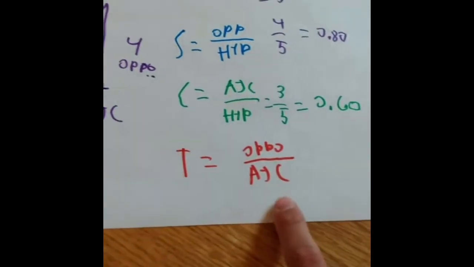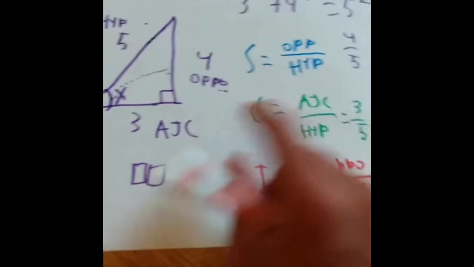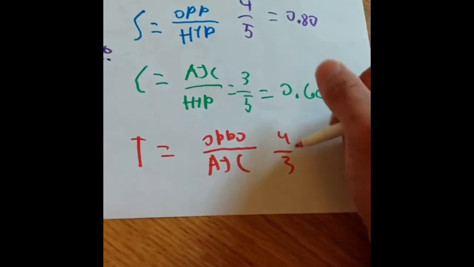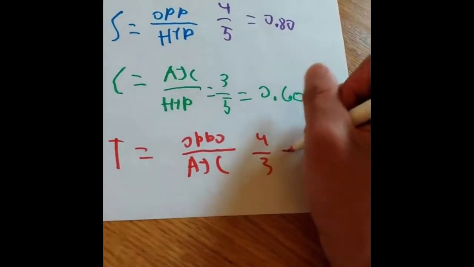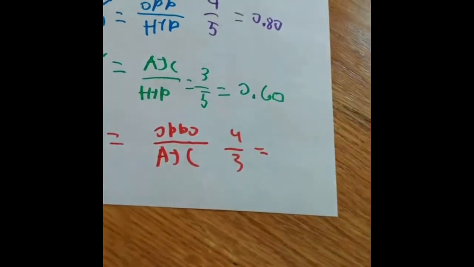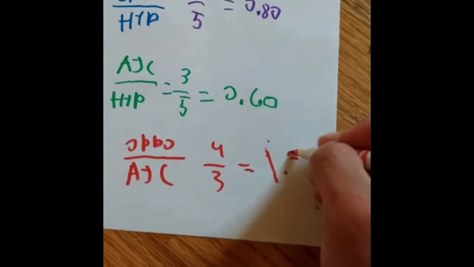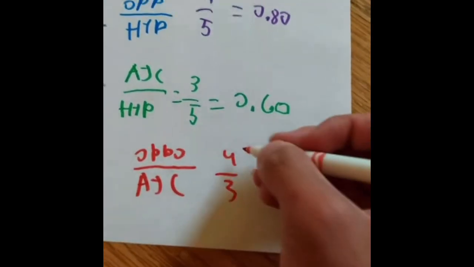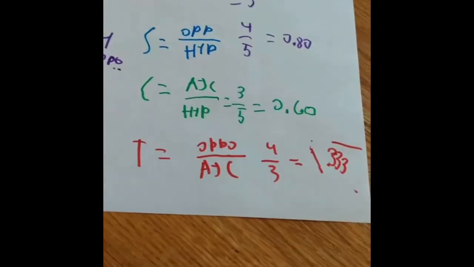So with tangent, when we do opposite divided by adjacent, or 4 over 3, or 4 divided by 3, we're going to get a decimal: 1.333 repeating. That is if you turn 4 over 3 into a decimal.